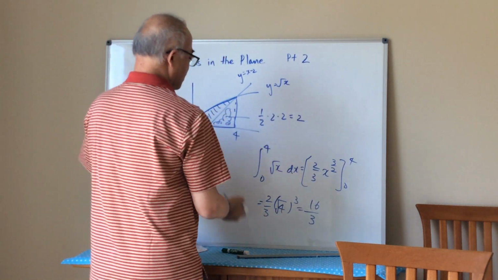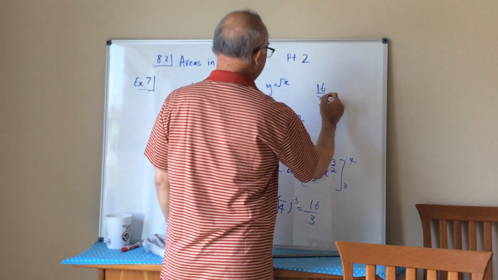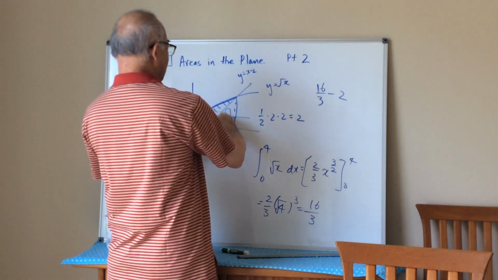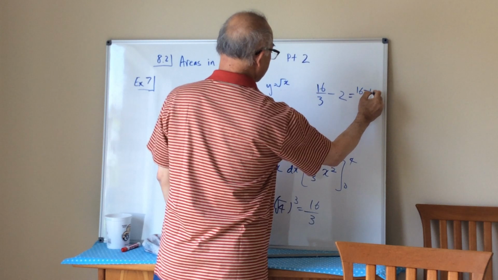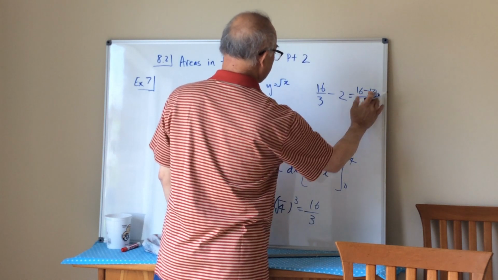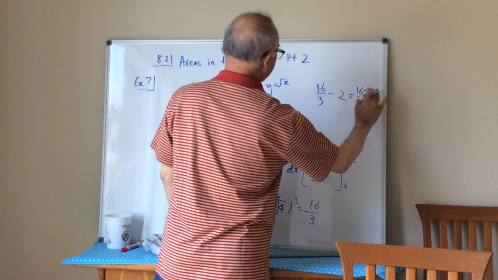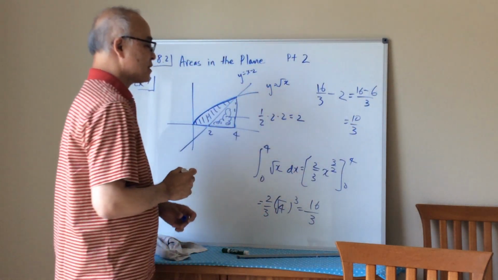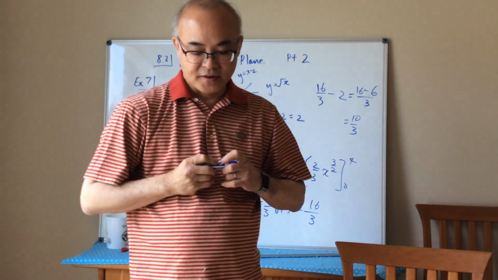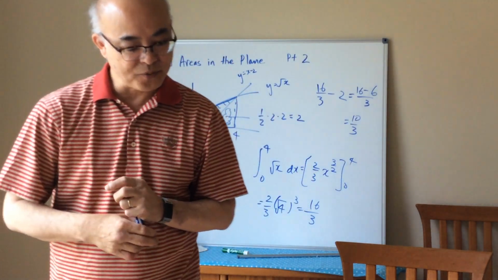So my area is going to be 16 over 3 minus 2, because I have to subtract the triangle. That's 16 minus 6 over 3, which is 10 over 3. Same exact answer. Okay, and we're done with 8.2.